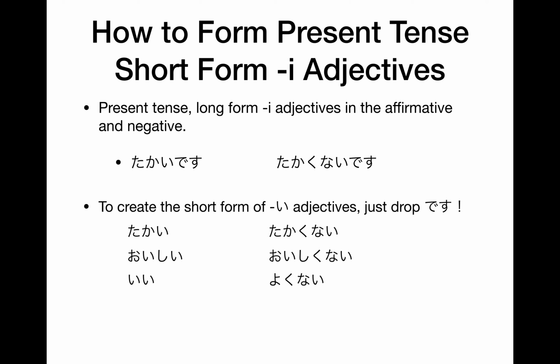To create the short forms of i-adjectives, super easy, just drop desu. So takai, takakunai. Oishii, oishikunai. And then remember our irregular adjective ii, again, when it conjugates into the negative, becomes yokunai. So if you were strong on chapter 5 with the adjectives and you learned how to make these negative forms already, then you're set for the short forms. Just drop desu and you've got it.